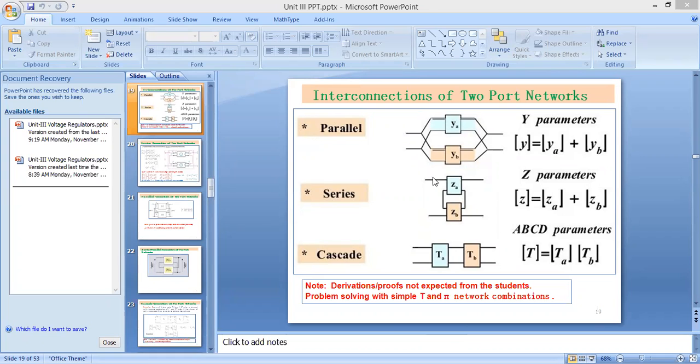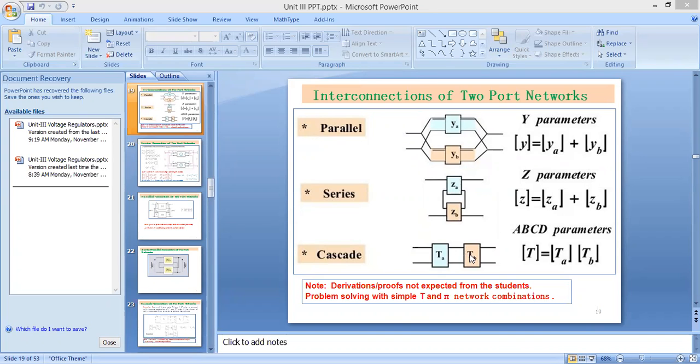You can see here we are giving the input separately, and the other terminals for the input of port A and port B are connected in series with each other. At the output also, we are connecting them one by one. So this is the series combination. We can calculate the impedance for the whole circuit, and that will be Z equal to ZA plus ZB.